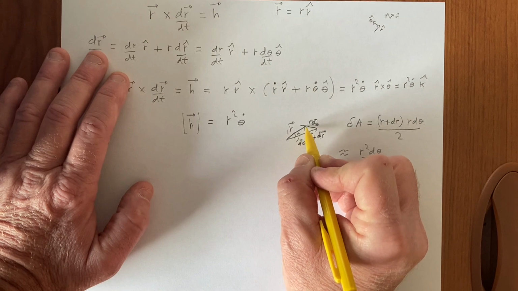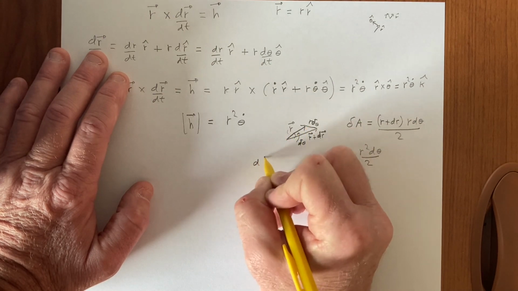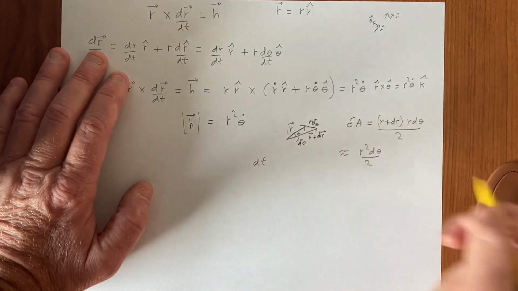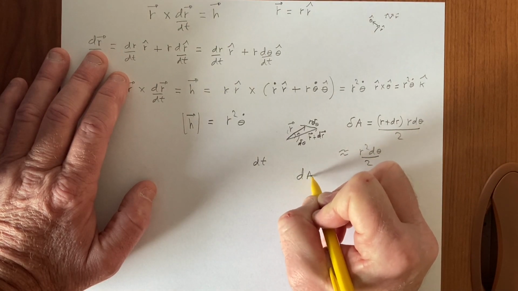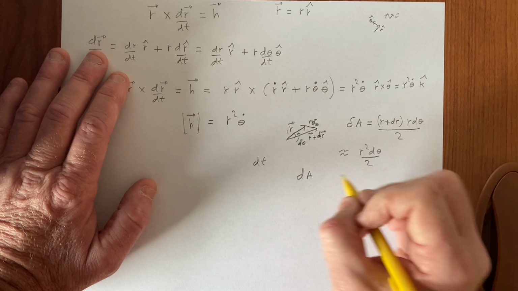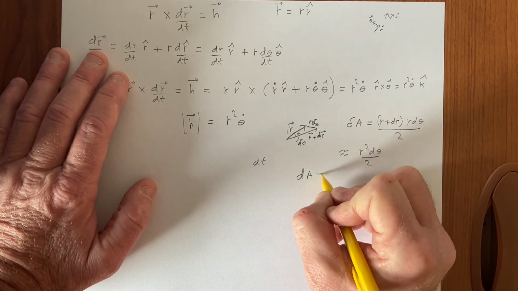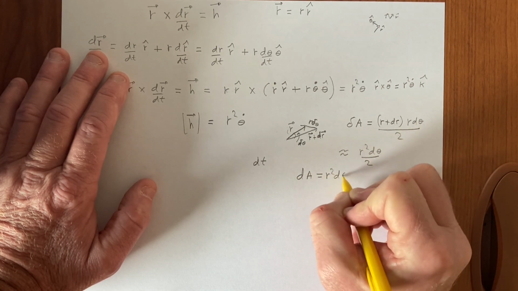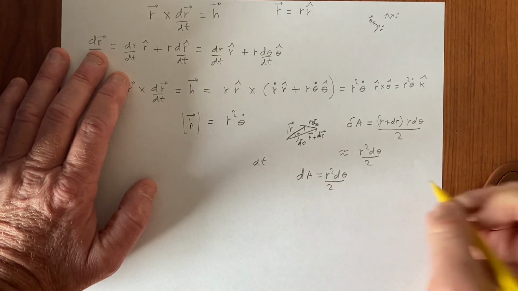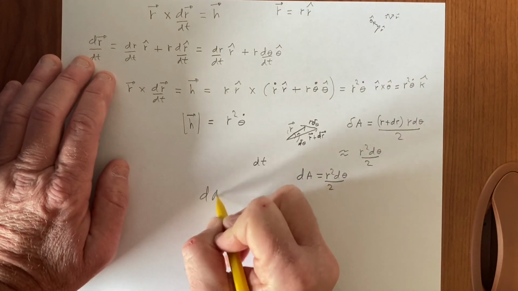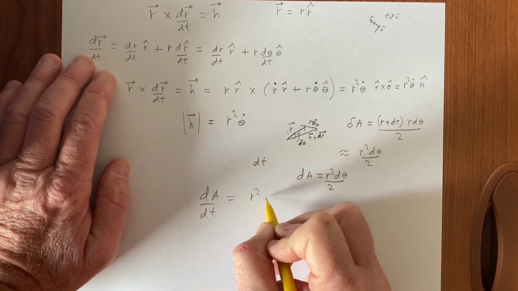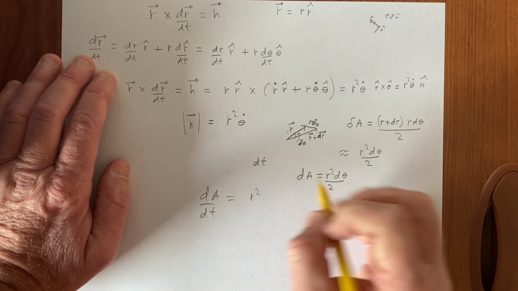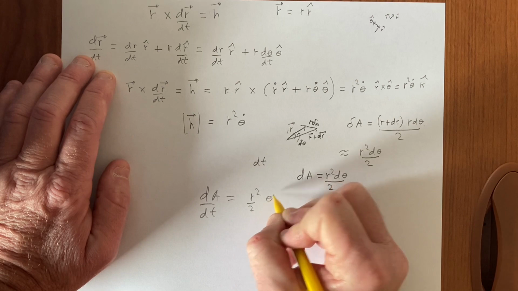As we think of an infinitesimal time dt, we have an exact relationship where this becomes dA equals r squared d theta over 2, and therefore we get that the rate of change of the area, dA by dt, is r squared d theta by dt over 2, and so that's just theta dot.